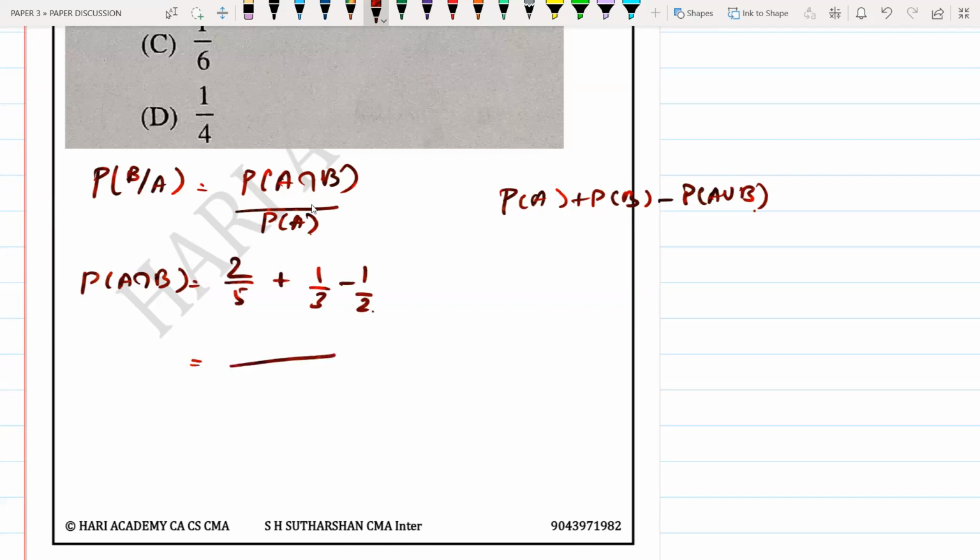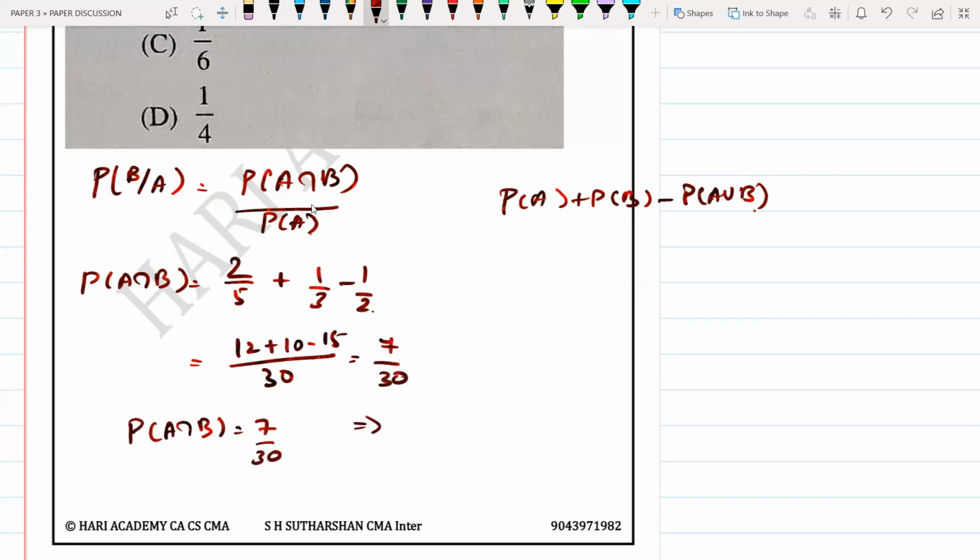If you take an LCM, it will give 30: 12 plus 10 minus 15. So it is 22 minus 15, which is 7. 7 by 30. So P of A intersection B is equal to 7 by 30.